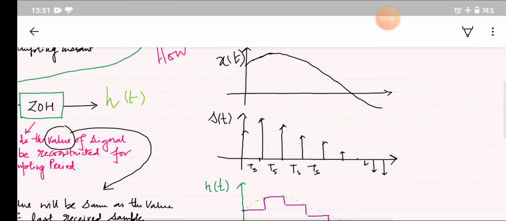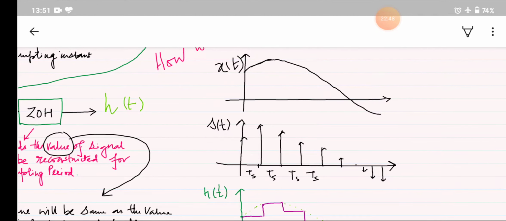Like if xt is a continuous time signal converted into its samples as st, where the magnitude of st is equal to the magnitude of the signal xt at the time of sampling, and they are equally spaced samples with a sampling time period of Ts.